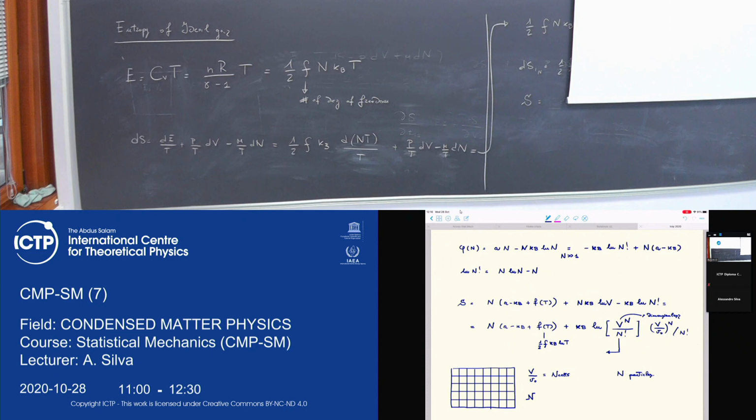So this is the first time we see that the entropy is connected to the number of ways you have to place your particles inside your system, right? The number of arrangements for your particles in the system consistent with the constraints.